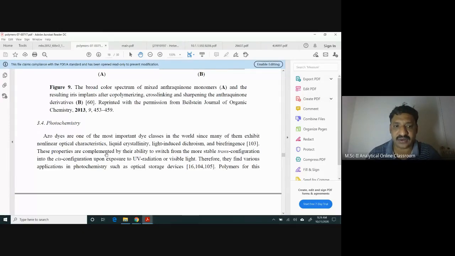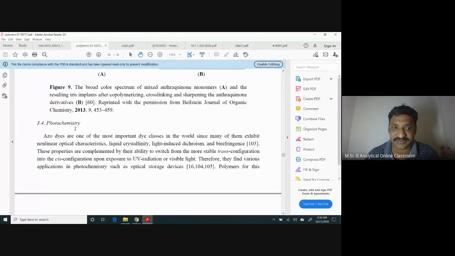These properties are complemented by their ability to switch from the more stable trans configuration into the cis configuration upon exposure to UV radiation or visible light. Therefore, they find various applications in photochemistry such as optical storage devices. So this is the important paragraph in the case of azo dyes.